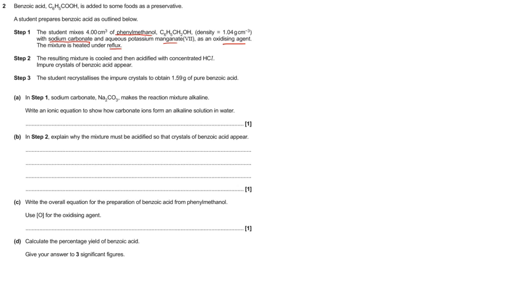So I guess it might be useful just to draw out the reaction that's happening. So let's draw our phenylmethanol that we're starting with. We've got our benzene ring here that is connected to a CH2 and an OH, and we're just going to oxidize that.